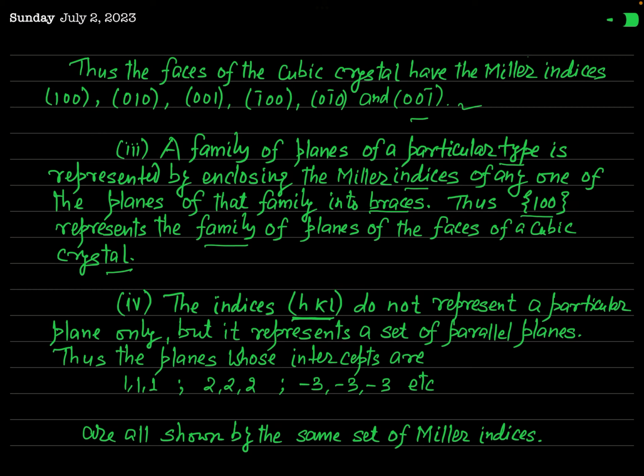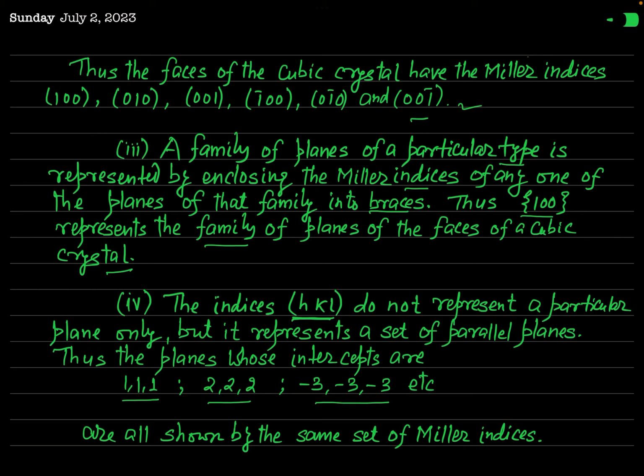For example, if you write the Miller indices of a plane with intercepts like 1, 1, 1 or 2, 2, 2 or -3, -3, -3, actually these intercepts are for the same plane.